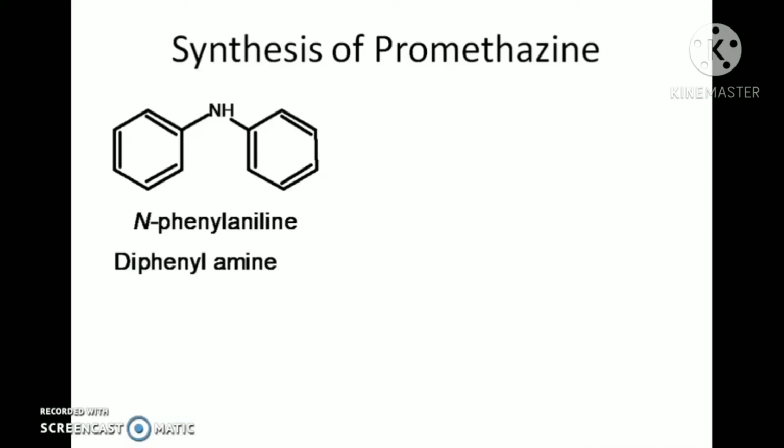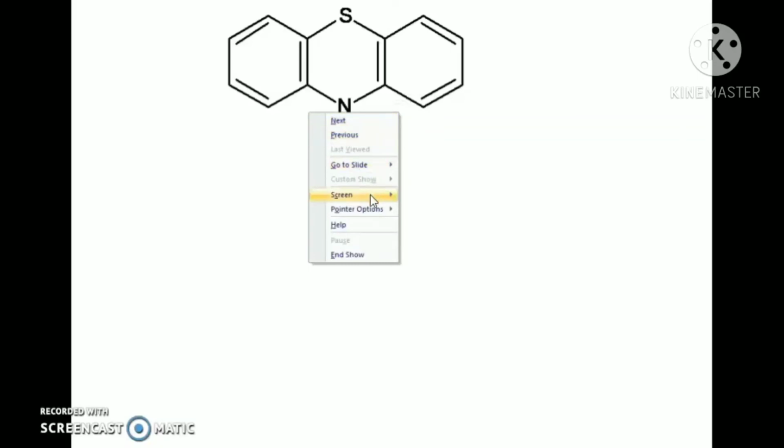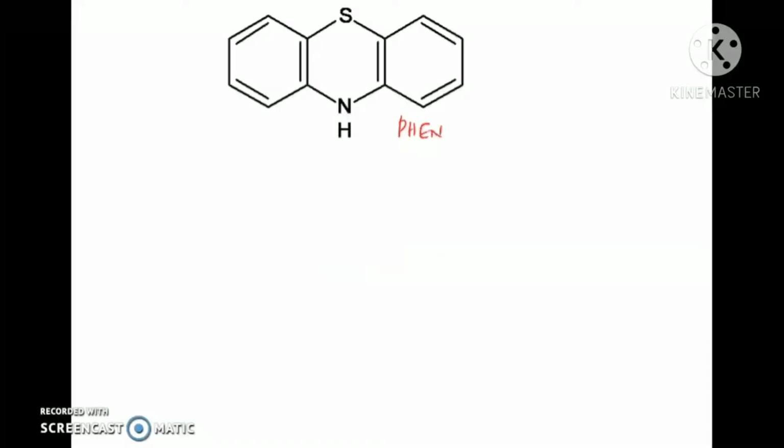It is a two-step reaction. The starting material is diphenylamine. It is treated with sulfur in presence of iodine or aluminum chloride at 140 to 150 degrees centigrade. The ring closure takes place to form a phenothiazine ring. And then the second step involves the introduction of the side chain.